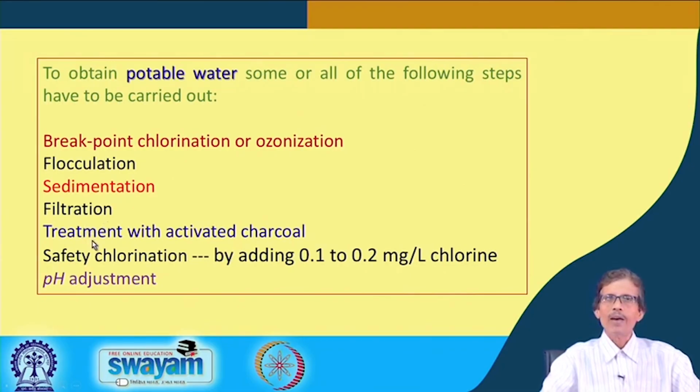In other cases we can have some bigger particles. Activated charcoal, basically a black carbon powder which can be obtained from bone mass or wood mass.